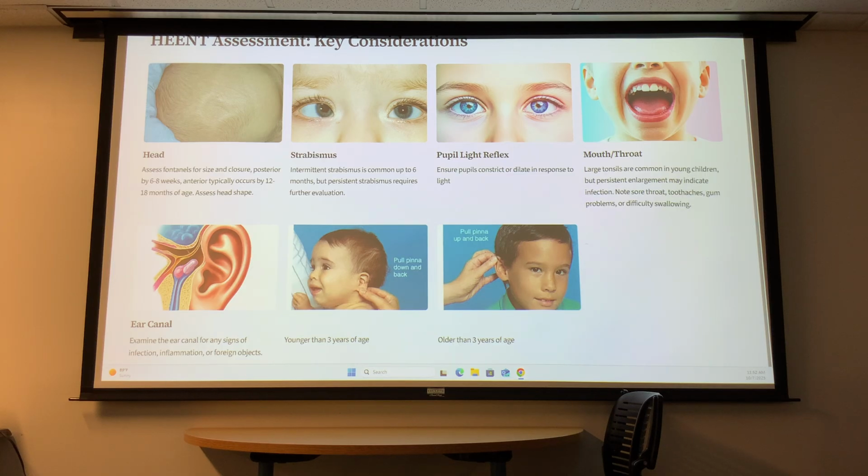For whatever reason. So we can look in there to see if there's infection, inflammation, are there foreign objects in there, right? For our kiddos, when we're looking in their ear, we have to pull down and back if they are less than 3, and we're going to pull up and back if they are over 3. Okay?